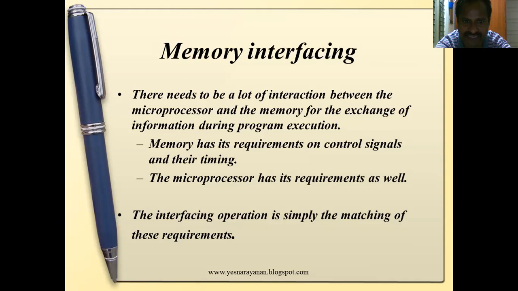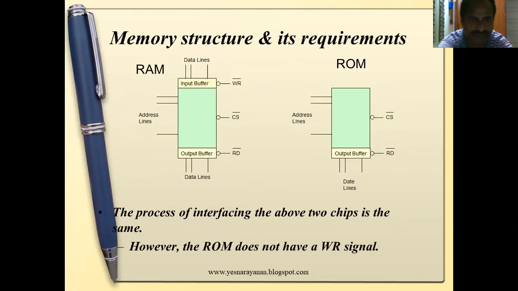The interfacing operation is simply the matching of these requirements. Memory structure and its requirement. The process of interfacing the two chips is the same. However, the ROM does not have a write signal.